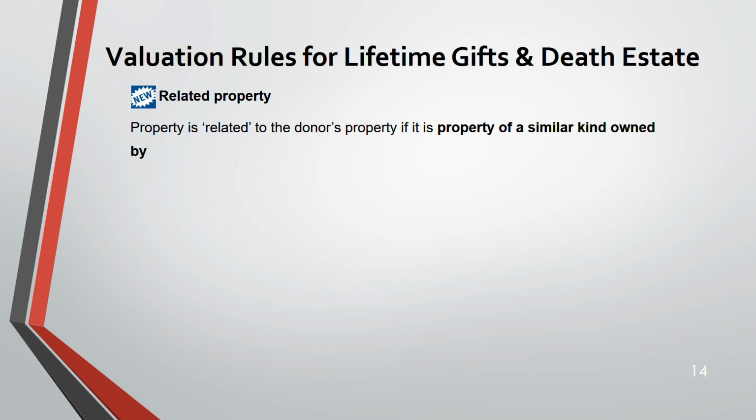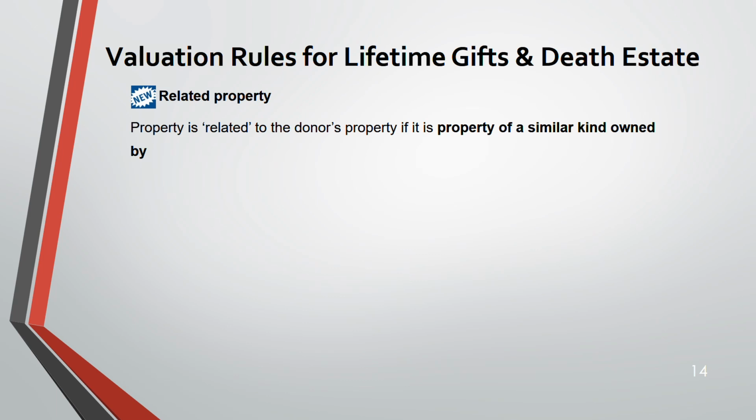More than the unit trust, unquoted or quoted, this related property part is most likely to appear in your ATX exam. So make sure that you know this very well. It has more work compared to quoted, unquoted, and unit trust. They are easy. Related property, I would not say it's very difficult, but yes, it has a lot of things for you to remember if you want to get the calculation right.